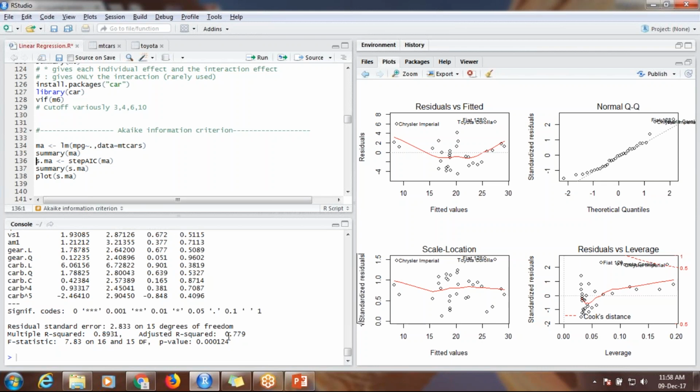Previously in the class, I already said that it is possible that adding more variables, your R square might go up, and your adjusted R square might go down. And this is a perfect example of my R square getting inflated, but my adjusted R square going down.